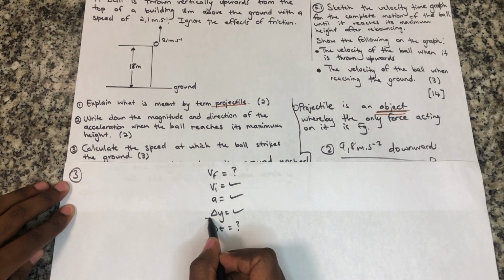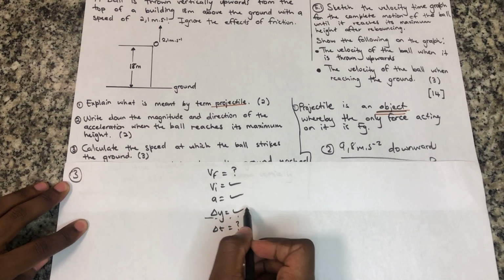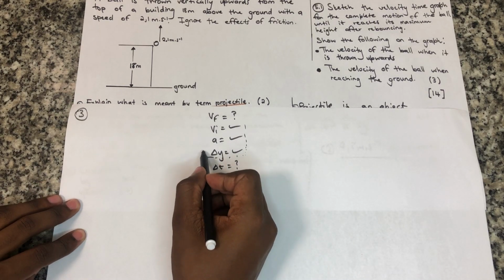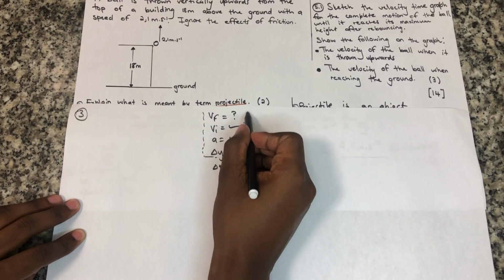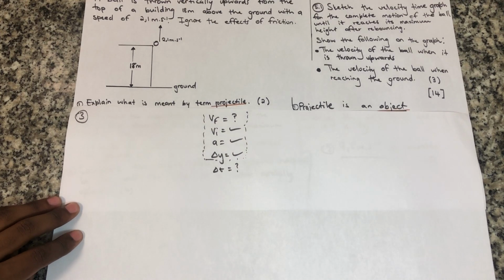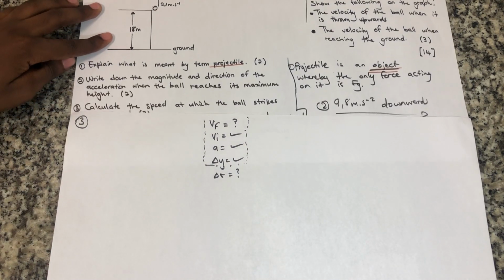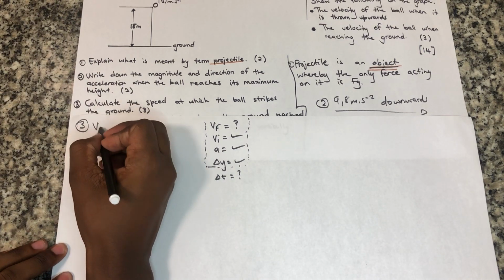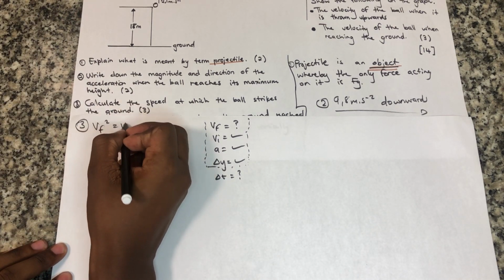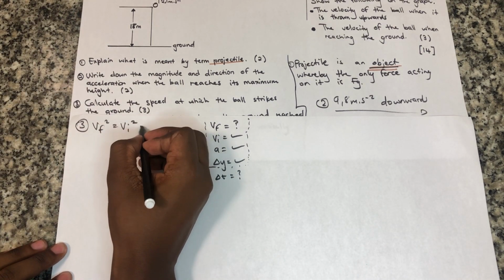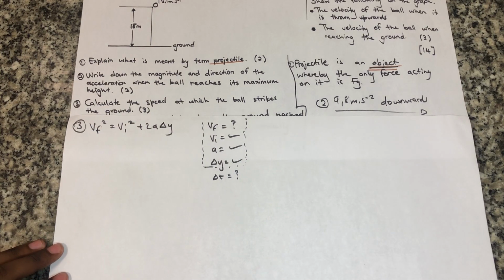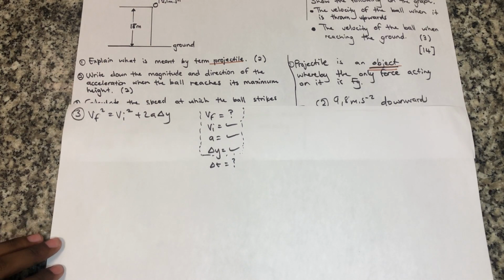So we have to look for the equation of motion that consists of all these variables. Which one is going to suit? It's VF squared equals VI squared plus 2A change in y. This is the one. Hope everyone can see.